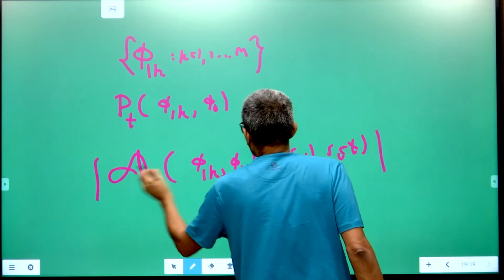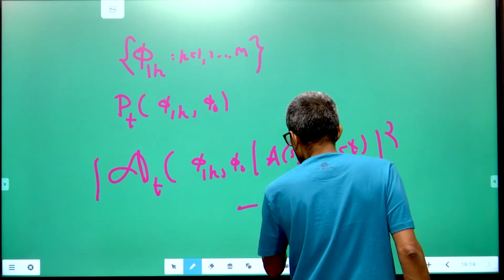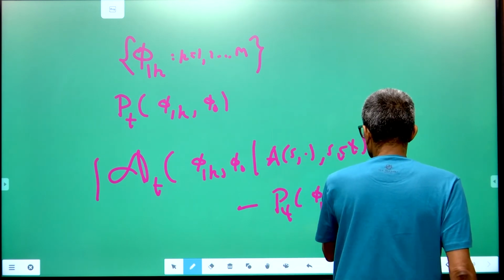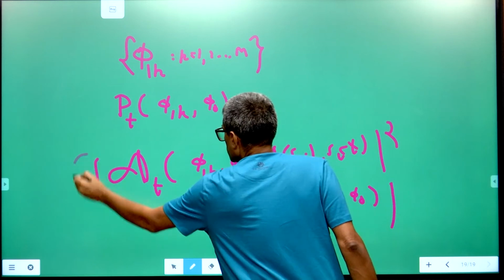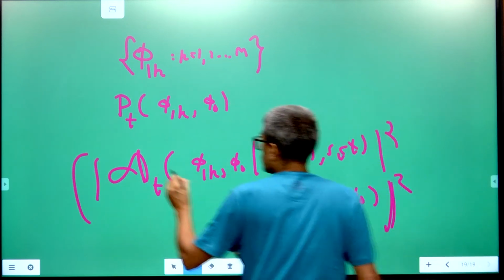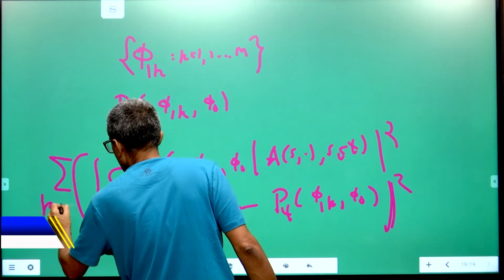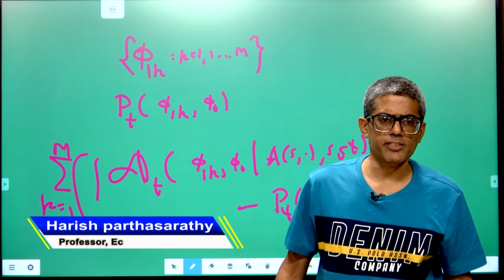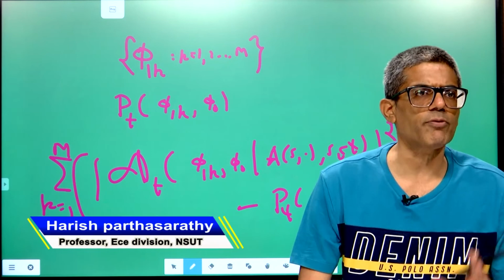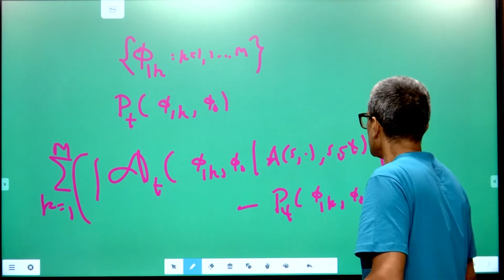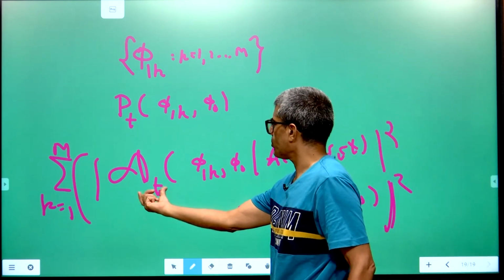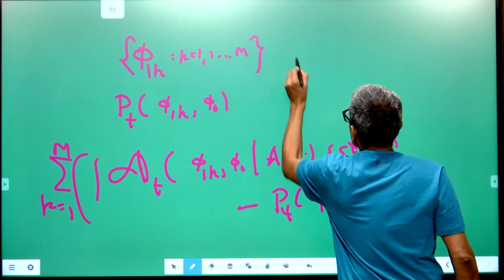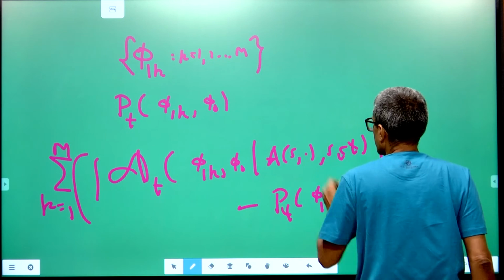You take the mod square and subtract p_t of phi 1 k, phi 0, take the square of this, and sum over all the k's, k going from 1 to m. That gives you the total discrepancy between the desired transition probability from phi 0 to one of the elements in the final set phi 1 k and what is computed using the path integral, and you try to minimize this with respect to A by using the variational stochastic gradient formula.